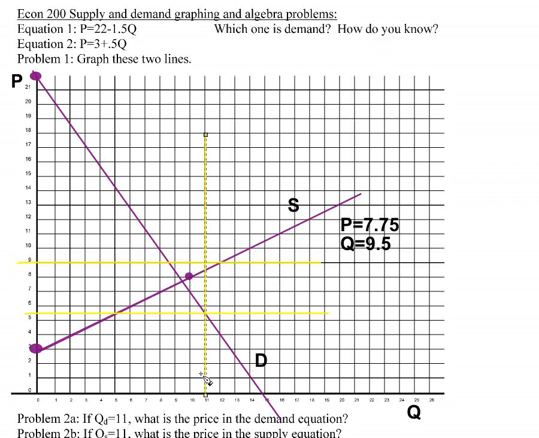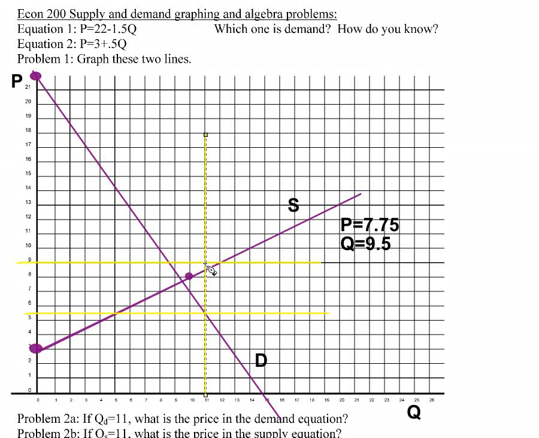And so we found that if we saw people buying and selling 11 units, then it must mean that the price the demanders are paying is $5.50. We could plug that quantity of 11 into the demand equation and we would be able to see that the price would be $5.50.